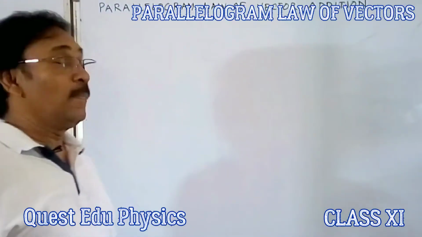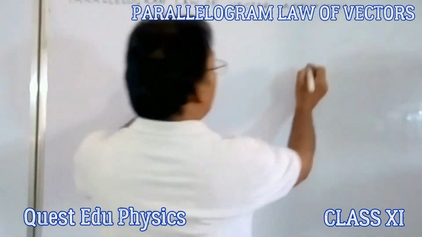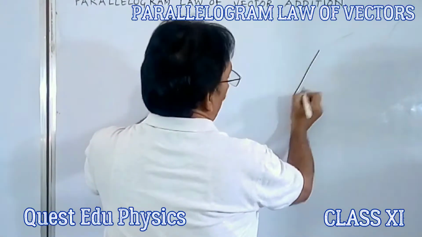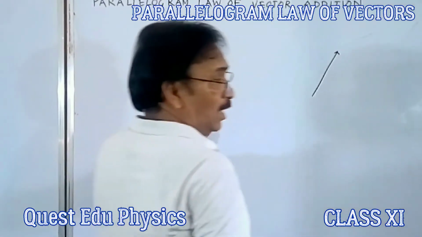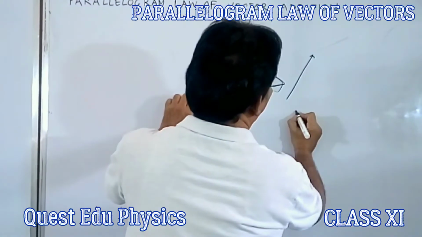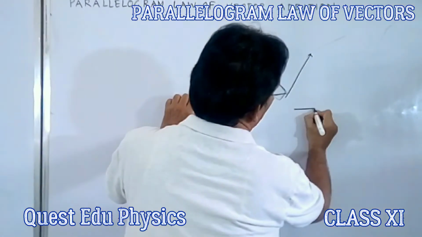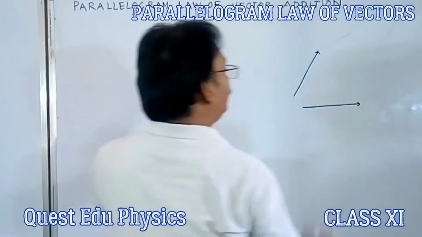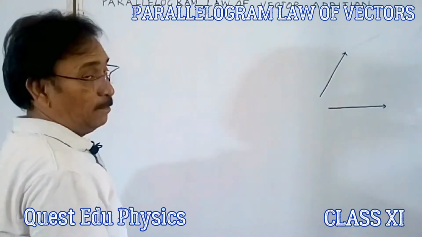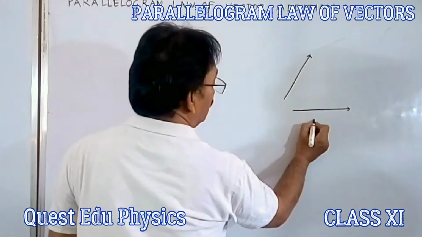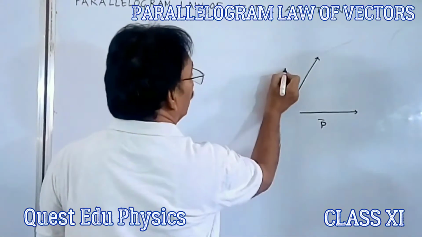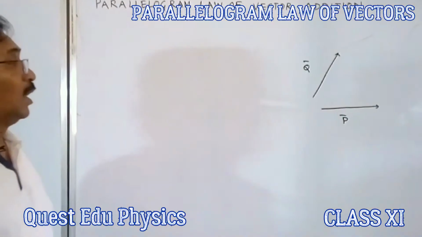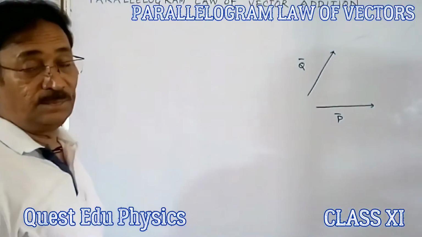Now say we are taking two vectors. Let's say this vector is P bar and we have one more vector, the second vector, Q bar. We have to add these two vectors.